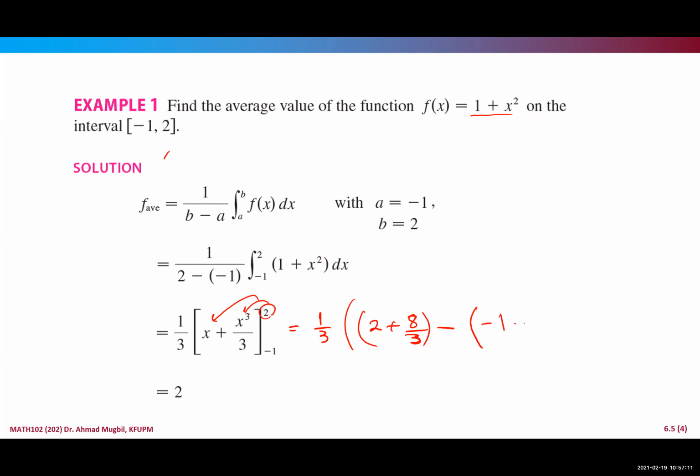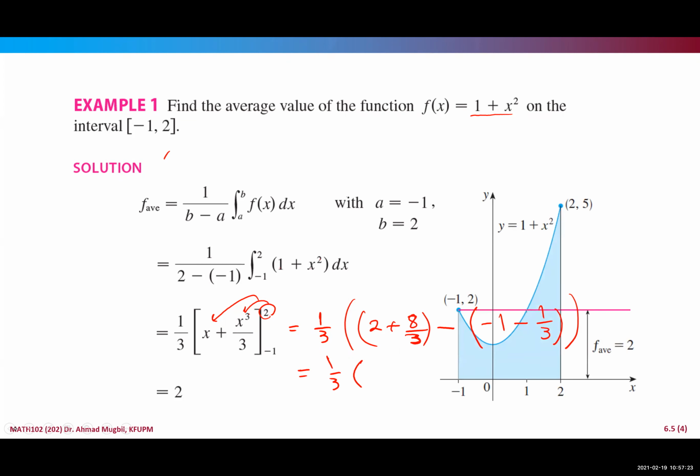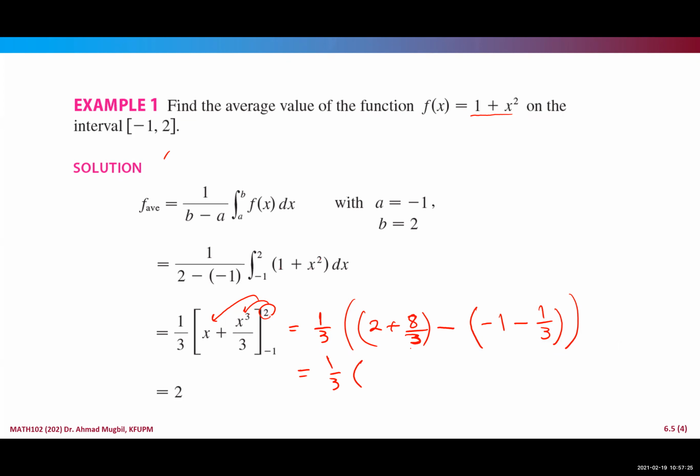So you will have negative 1 plus, it will be minus 1 over 3 when you substitute. Now simplify. This will be a third, and here you will have 6 plus 8, 14 over 3 minus, or you can keep it, by the way, I have a better idea. Just do it like this. This will be plus 1 plus a third.